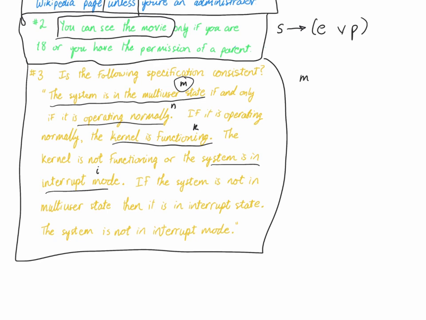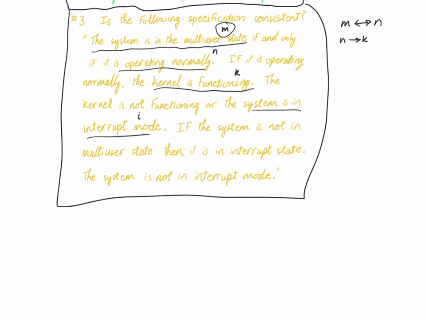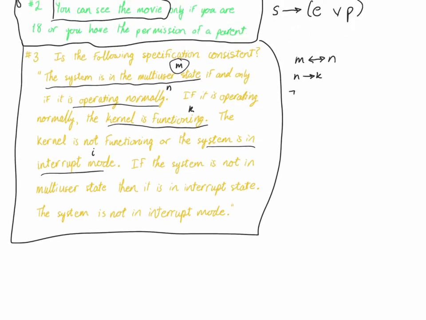M if and only if, so I'll use this biconditional, M if and only if it is operating normally. So that's one sentence. If it is operating normally, the kernel is functioning. So if N, then K. The kernel is not functioning, so that would be not K, right? Or the system is in interrupt mode.